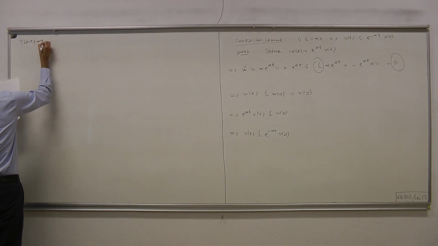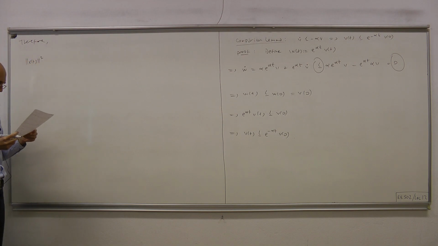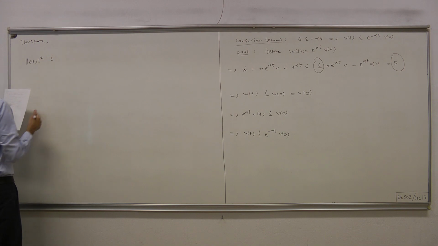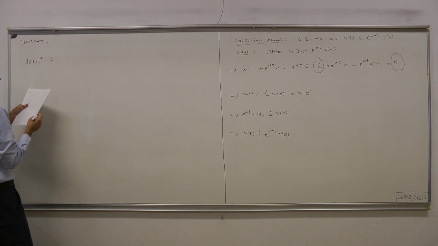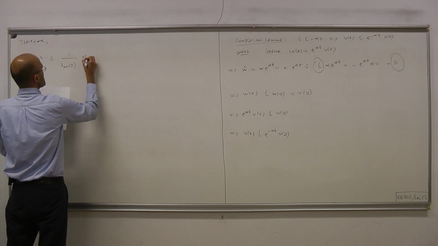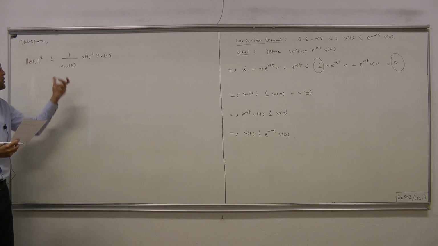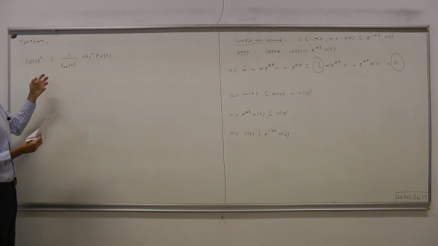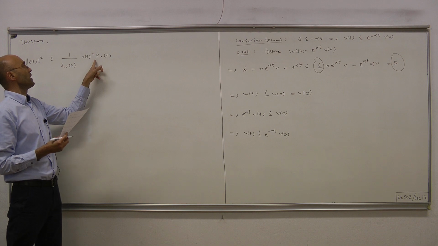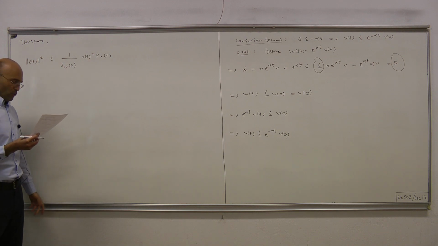Now we're wrapping up. Therefore, norm of x of t squared, okay, less than or equal to 1 over lambda min p times x of t transpose p x of t. Okay, so we use the lower bound on x transpose px in terms of its eigenvalues and the norm squared of x.